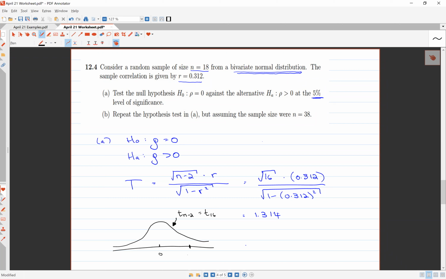Our observed statistic is 1.314, and because our alternative is that the correlation exceeds 0, that exceedance tells us we calculate our p-value only by looking at the tail area to the right of the observed statistic.